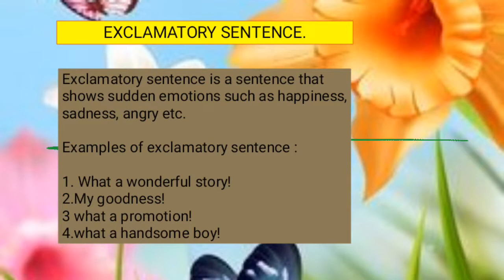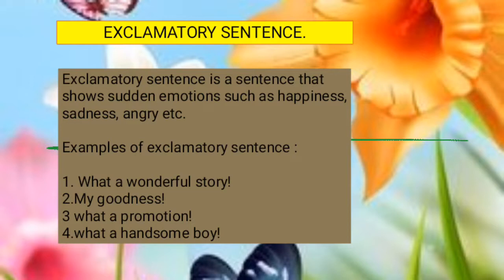Now let's move on to the next one, that's exclamatory. An exclamatory sentence is a sentence that shows sudden emotions such as happiness, sadness, and anger. So we have a lot. We just look at examples of this exclamatory sentence. What a wonderful story! Have you seen in this sentence?